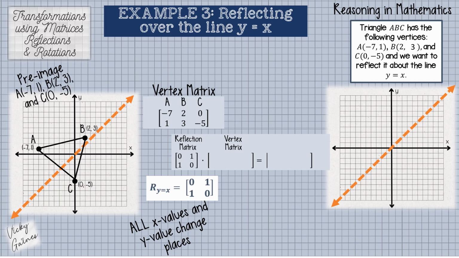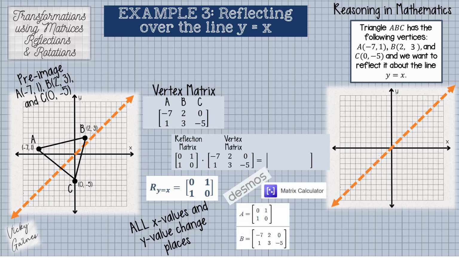The reflection matrix was 0, 1, 1, 0, and the vertex matrix we just got from above. I'm going to use the Desmos matrix calculator, and I'm going to put the reflection matrix 0, 1, 1, 0 in A, and the vertex matrix in B. And we're going to multiply those two together.